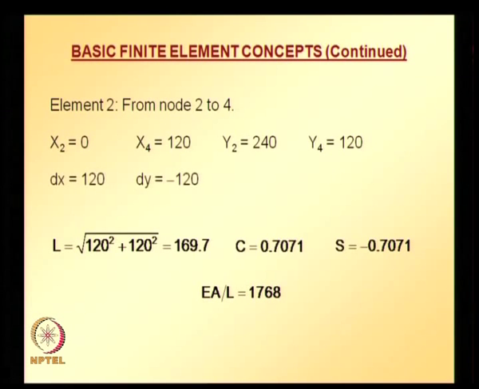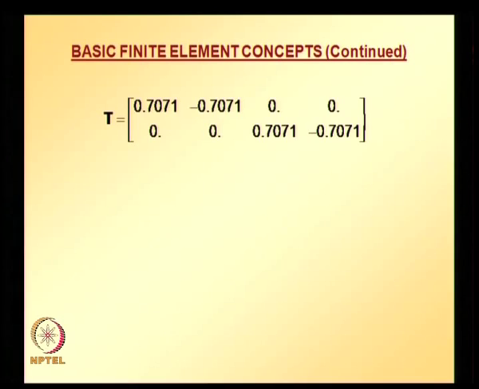Noting down the coordinates of the nodes, we can calculate dx, dy and length of this member, and once these values are known we can calculate cos alpha and sin alpha, and also E A over L. Once we have all these quantities we can calculate the transformation matrix, the local stiffness matrix and the global stiffness matrix.